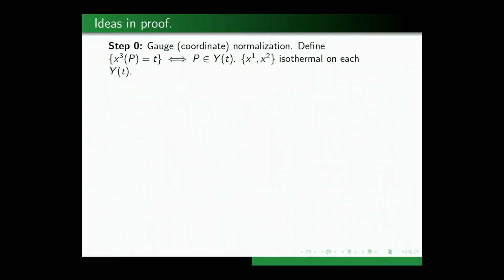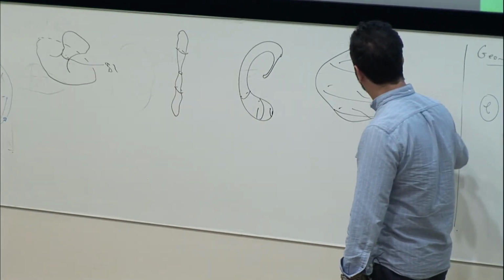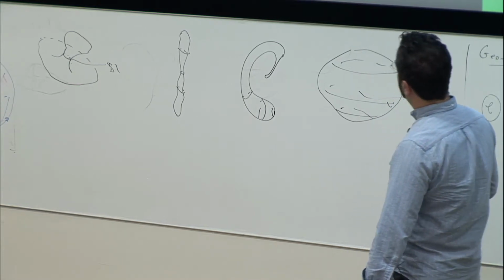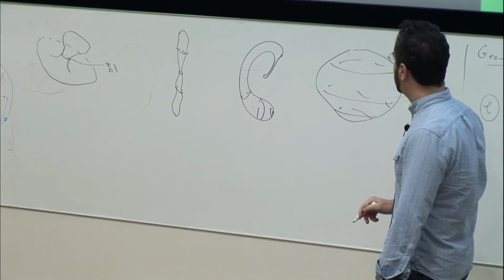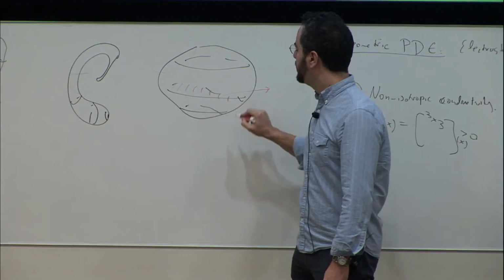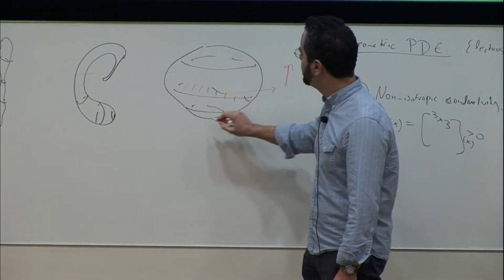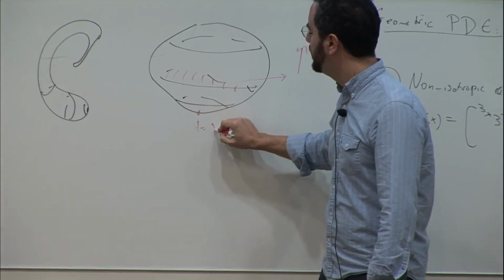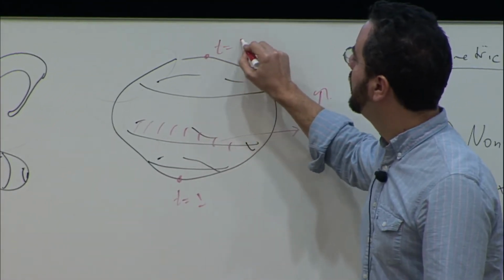Okay, so the way we do this is as follows. Let me show you the proof for theorem 1. So I have my foliation, and the coordinates I want to choose are on each leaf. There's a parameter t. My leaves start from t equals -1 here and go up to t equals +1 there.